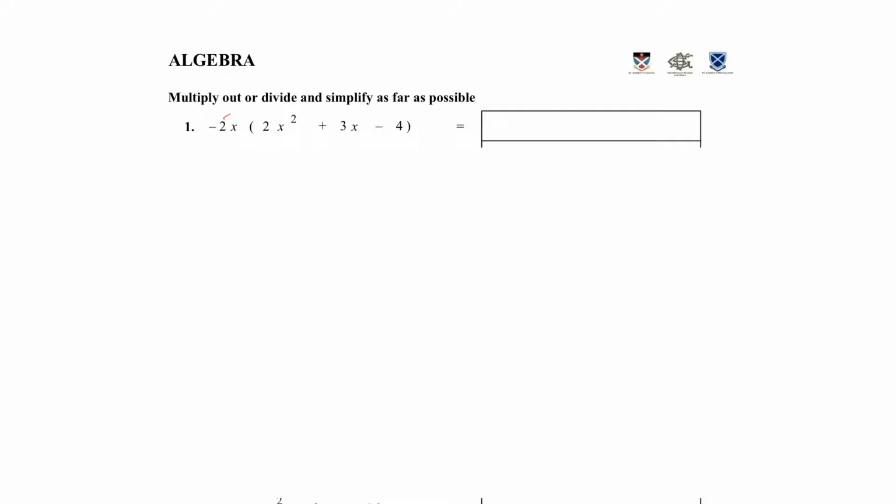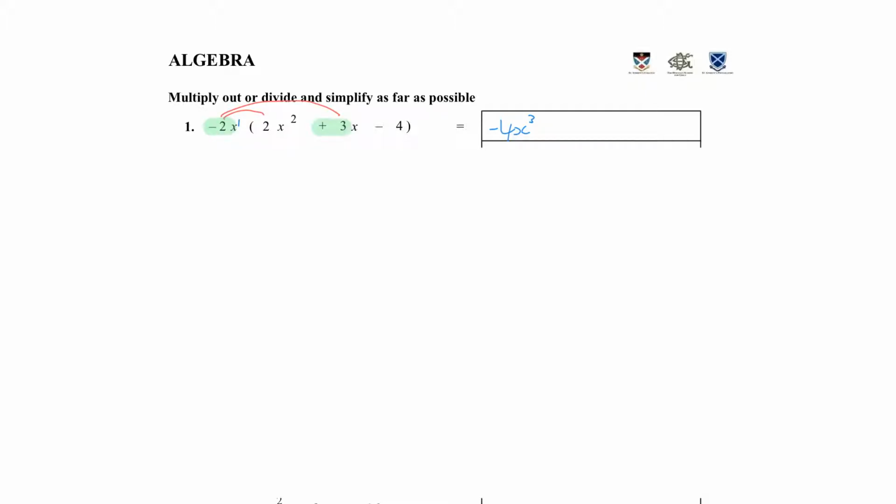So we're saying minus 2x times 2x squared. And so minus 2 times 2 is minus 4. And x times x squared is x cubed, because we're adding exponents and x is x to the power of 1. And then we can do the same for minus 2x times positive 3x.